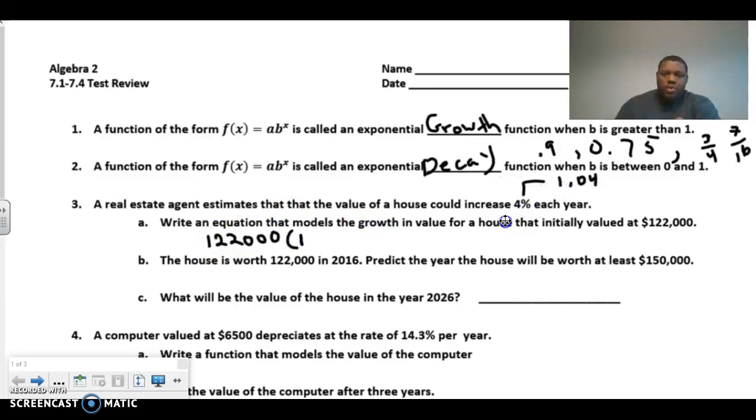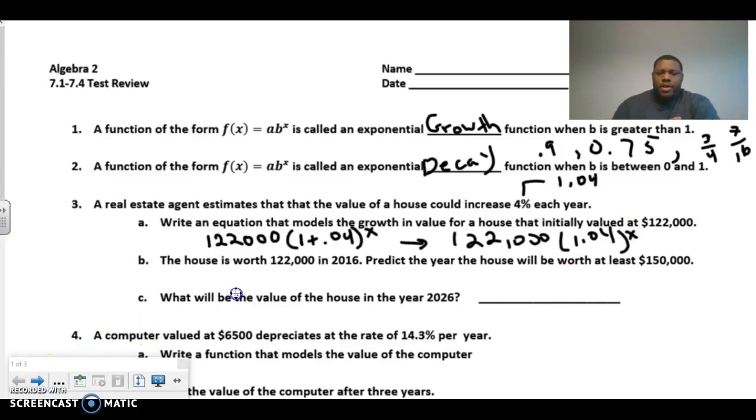That's 0.04, so you have 1 plus 0.04, raised to the power of x. Or if you go ahead and solve that, it's 122,000 times 1.04 raised to the power of x.